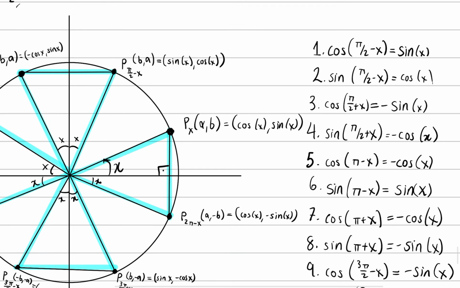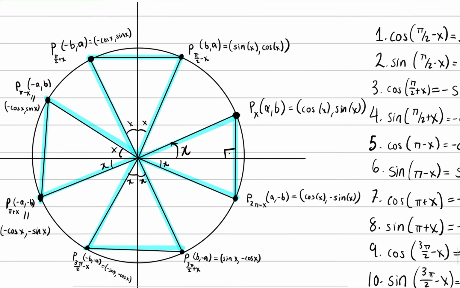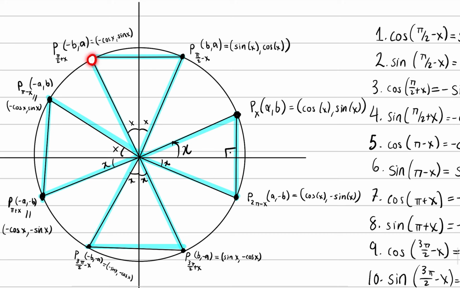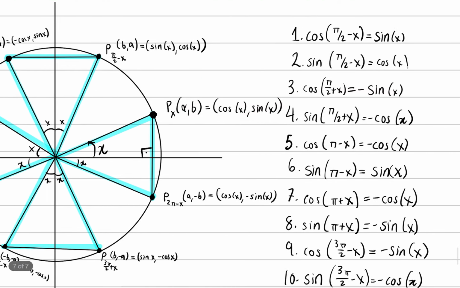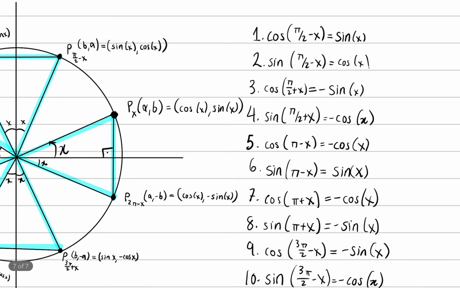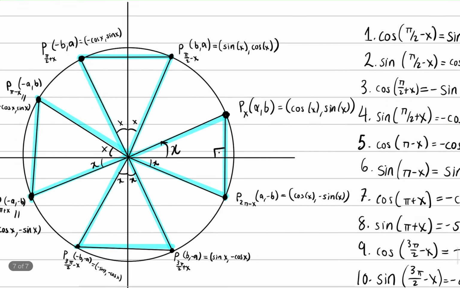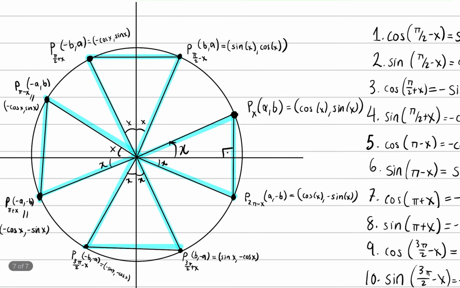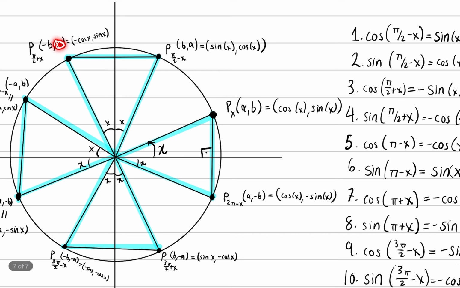Now what about cosine of pi over 2 plus x? Well, it's right here. What is the cosine of this? It's the x-coordinate, which is negative b. What's negative b? Well, b is here, sine. So negative b is negative sine, which is how we get this. Sine of pi over 2 plus x is negative cosine x. Notice here, sine is the a, which is the y-coordinate, which is just cosine x.